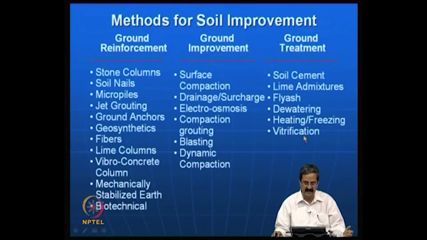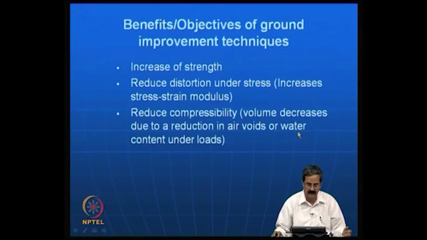There are many methods one can think of, but you must find out what exactly is useful in a given situation. So we should see the benefits of ground improvement techniques.